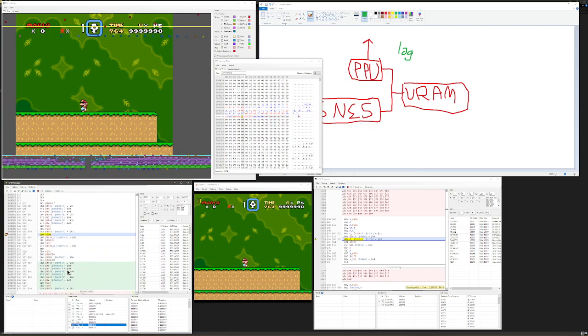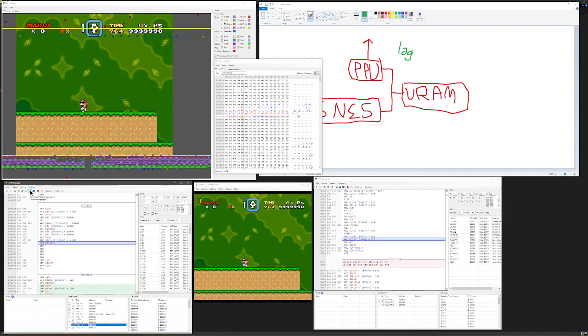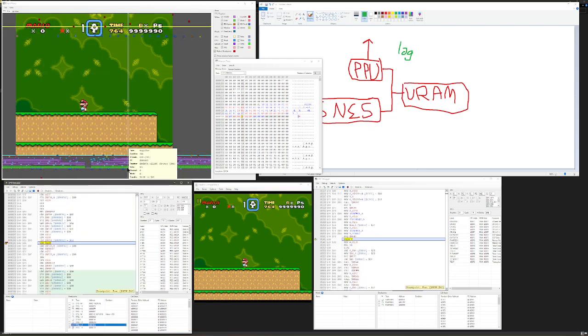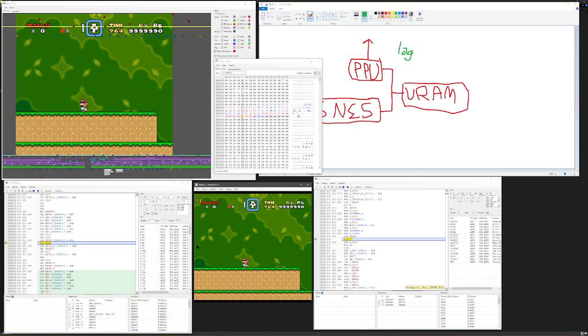I'm trying to mark out where the start and the end of this happens, but I don't remember where exactly it happens each frame.